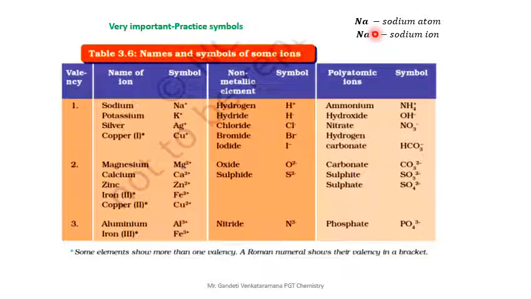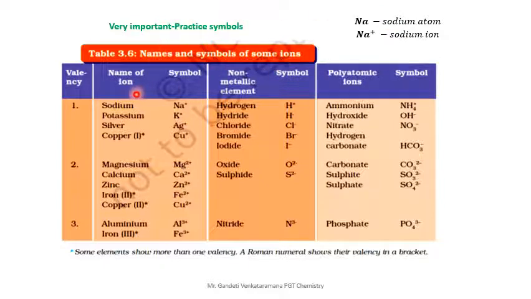Negative means gain of electrons. You will learn that in higher classes, it's not a problem. Very simply, if any atom is carrying a charge, positive or negative, we call it an ion. Clear?